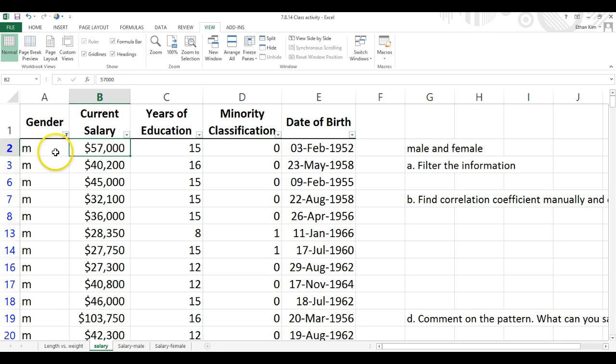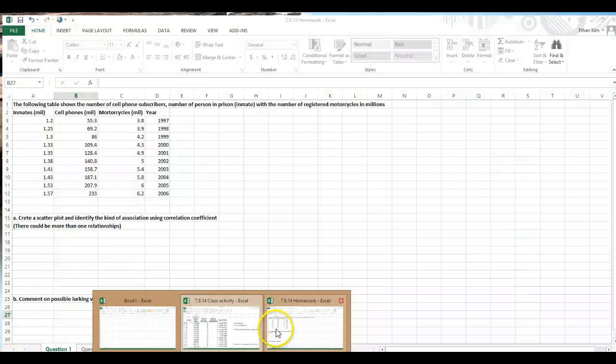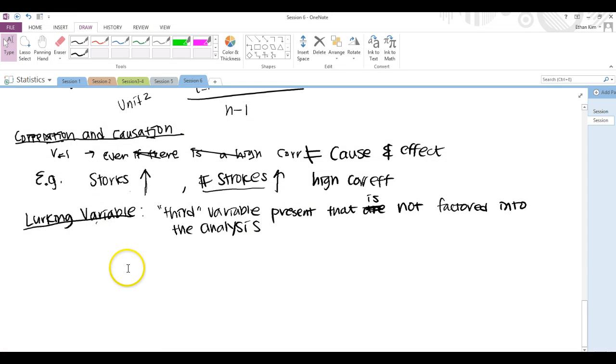So if you look at only male, we see a stronger correlation coefficient, whereas female has a little lower correlation coefficient. So these we call the lurking variable, anything that might be affecting the data or the relationship that we are looking at. That's called the lurking variable.